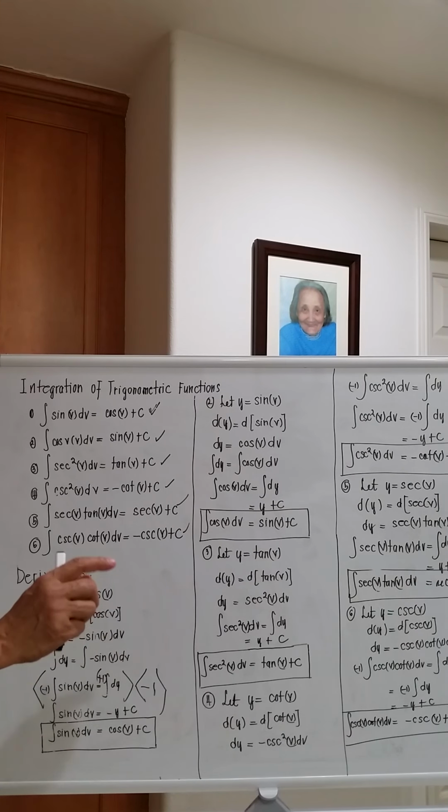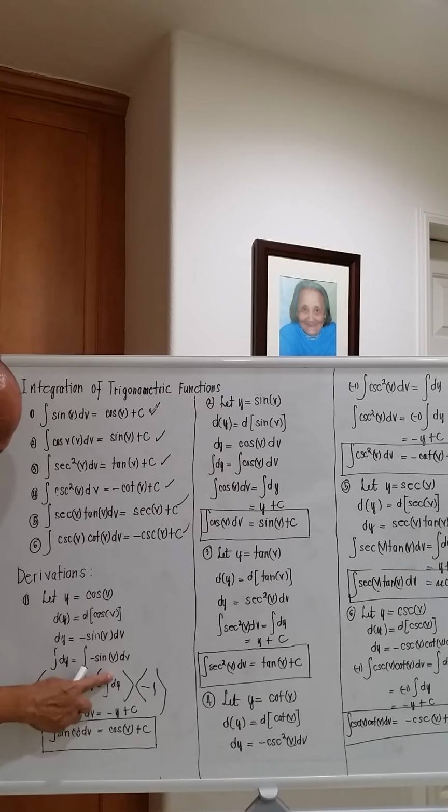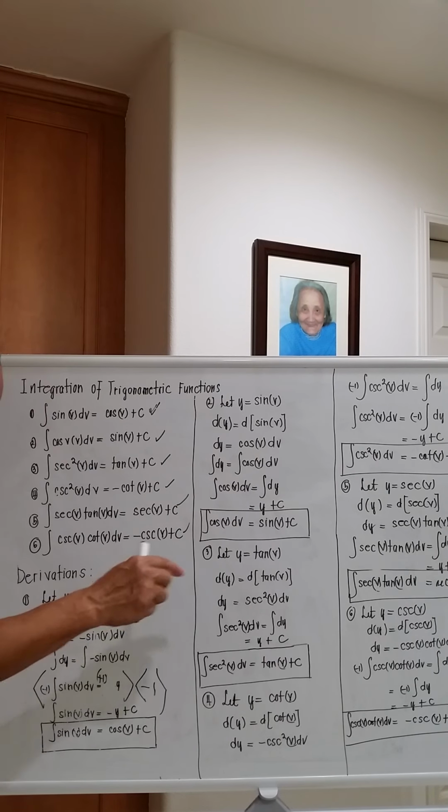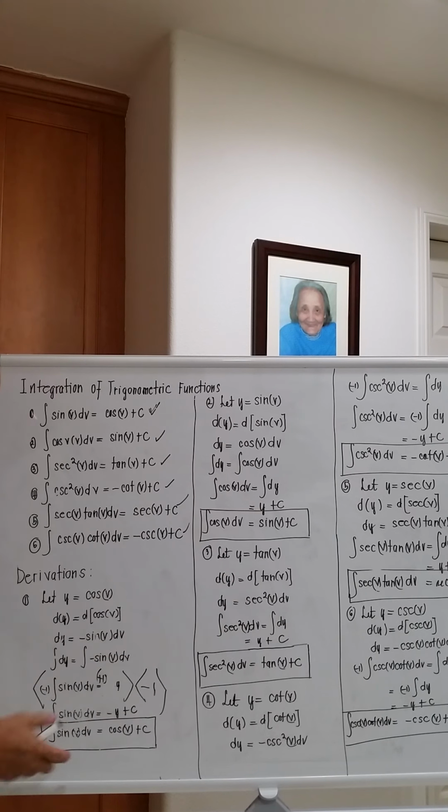The integral of the differential of y is just y. When the integral sign goes near the differential sign, they will cancel each other. So the right hand side will just be simply y. But this is supposed to be preceded by negative sign. This is negative y plus c. But what is y? Y is cosine of b.